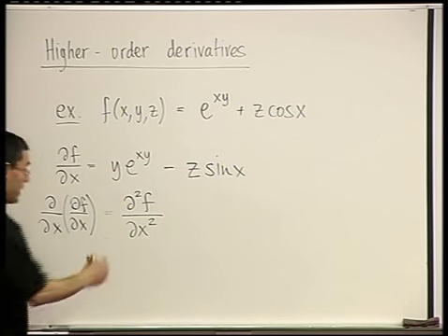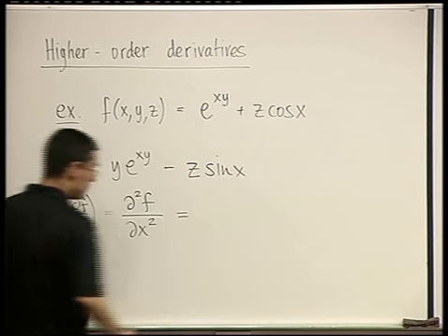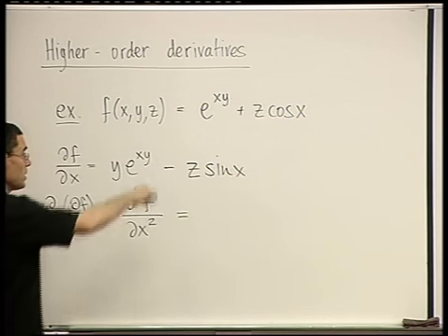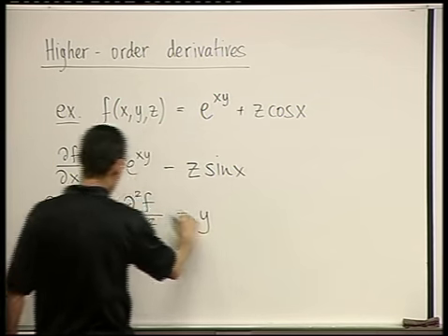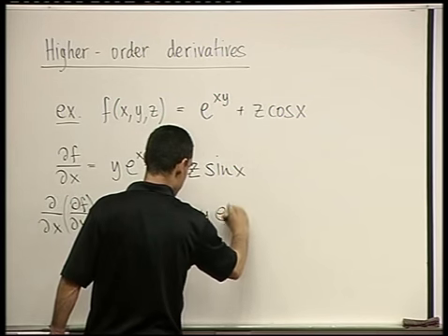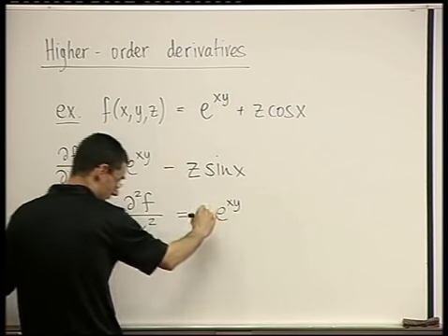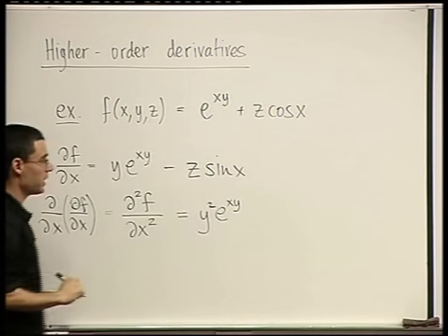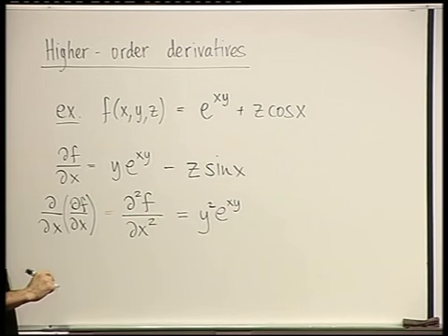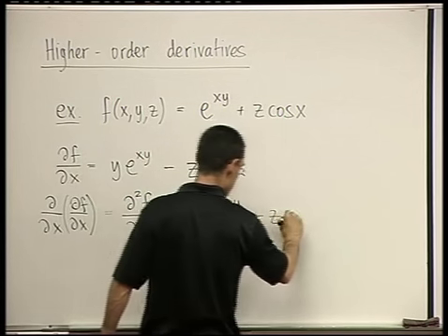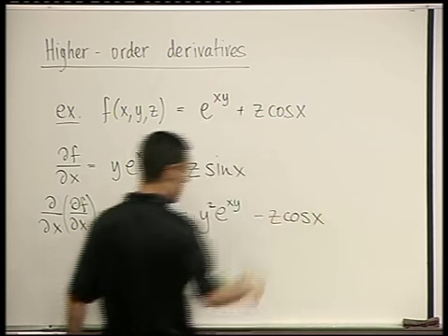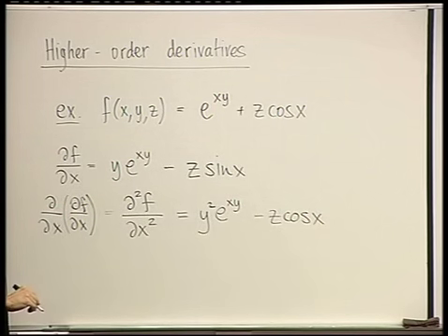So what is it? I have to take the derivative of this with respect to x. So y is fixed, e to the xy is e to the xy, and again there's that other y from the inner derivative, so I get y squared, right? Minus z, the derivative of sine is cosine. Does everybody agree to this?